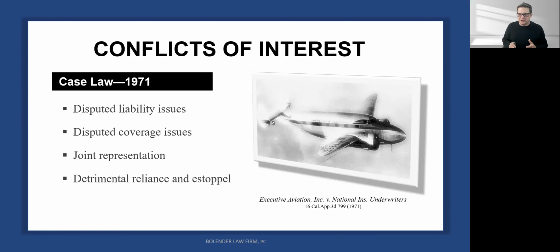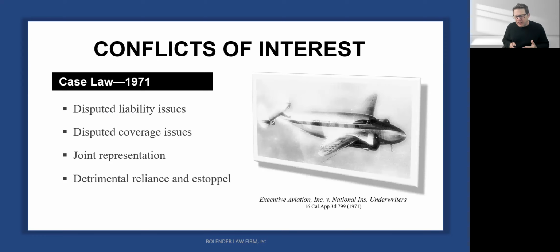In the 1960s and 70s, as the tripartite relationship was relatively new, a few courts began observing that joint representation occasionally may function to prejudice the policyholder when one attorney is representing both the policyholder and the insurance company.